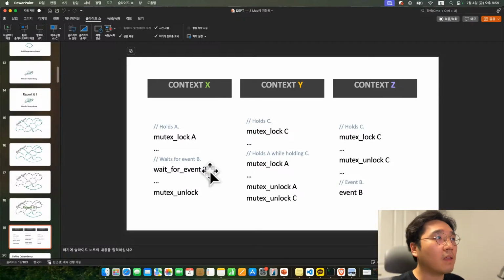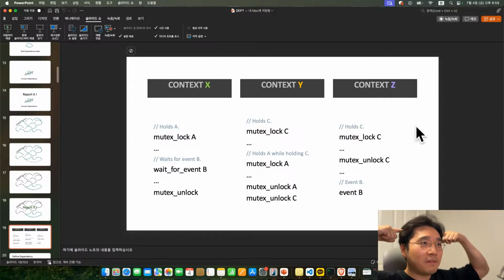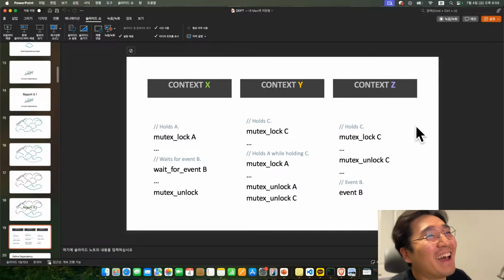Event B will occur in context Z. As you can see, there is a headache in this situation. You can assume that this is the deadlock presentation.